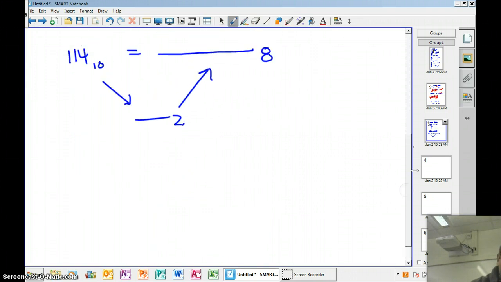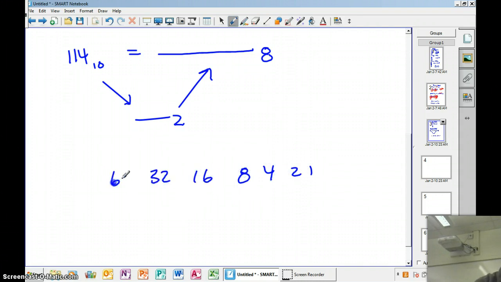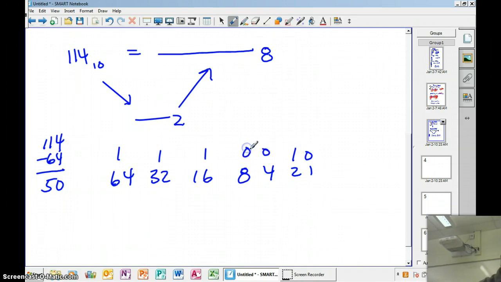From the last video you've seen how to convert 114 to binary, so here is a little review. It's 1, 2, 4, 8, 16, 32, 64. So take 64 away from 114. I get 50. 32 and 16 is 48, and 2 is what we're looking at.